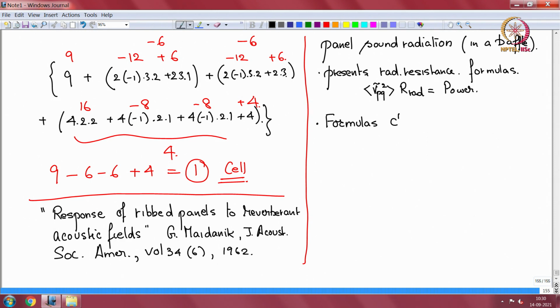Okay, obviously closed form approximations, appropriate for various modes and frequency ranges.